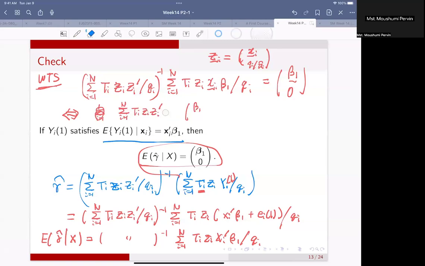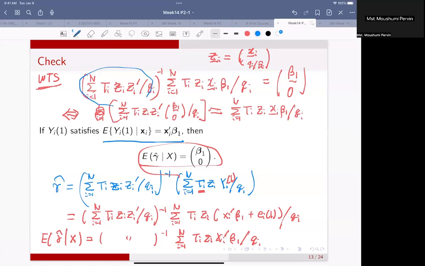Okay, maybe here. Right? What I did is I moved this one to here, I post multiply this one.